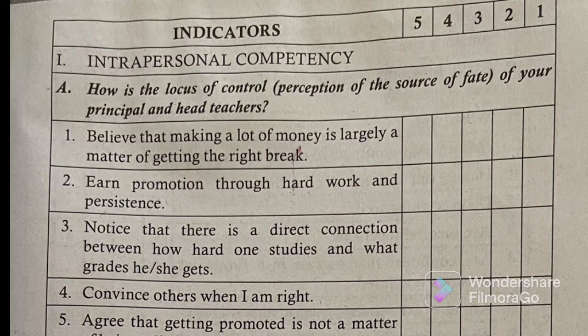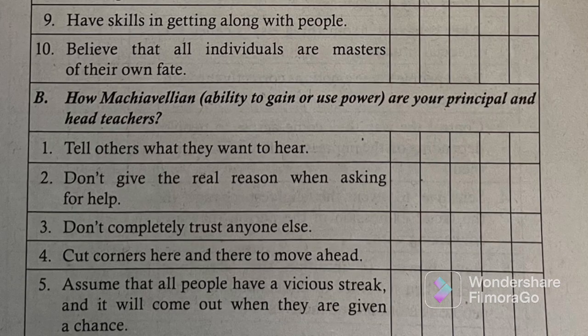Letter A, the locus of control, is a sub-variable. Letter B is the Machiavellian aspect of the personality of the principal. And 1 to 10 are the indicators for your sub-variable locus of control, and another 1 to 10 will be the indicators for your second sub-variable, which is called Machiavellian.